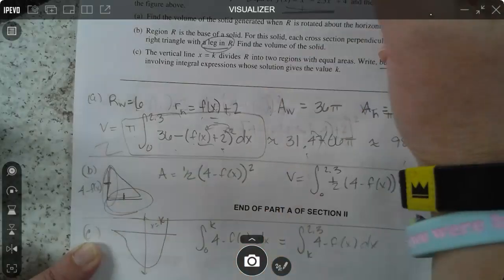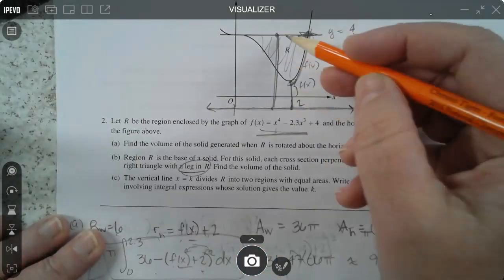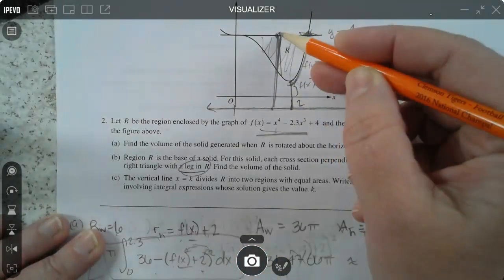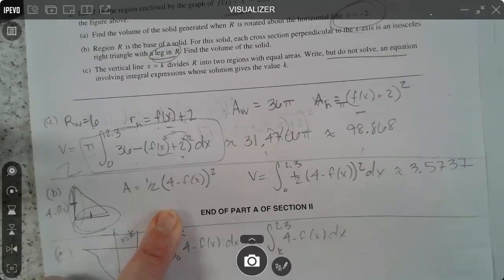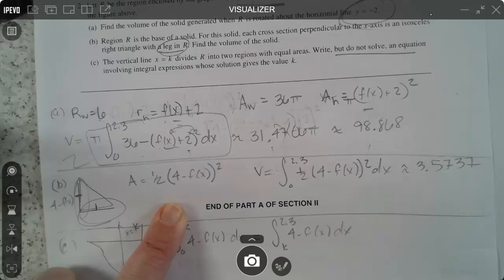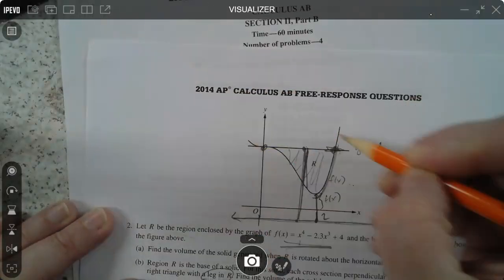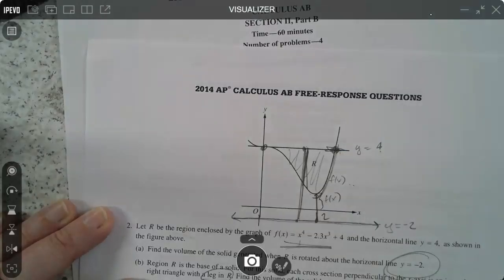So I need to know that length right there, right? That length is 4 top minus bottom. Yes, it's going from here to here because that's region R.